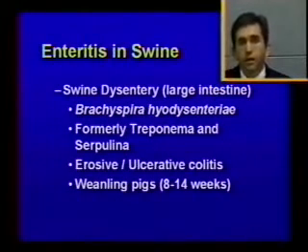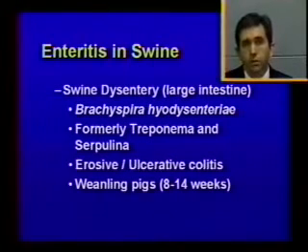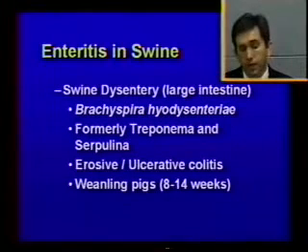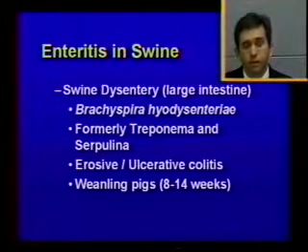Enteritis in swine is caused by several bacterial agents, and it's important to know some of these. I'll describe a few of them in the next few slides. The first is swine dysentery. This is an infection that affects the large intestine. It's caused by the agent Brachyspira hyodysenteriae.